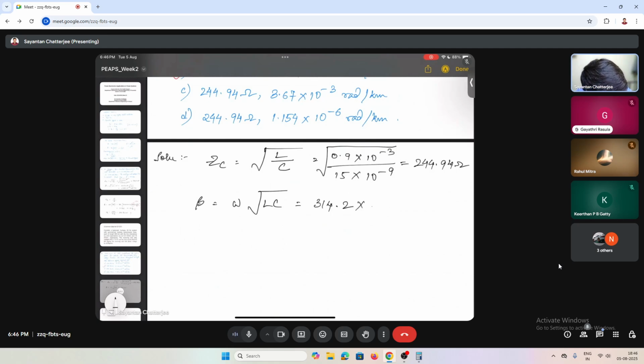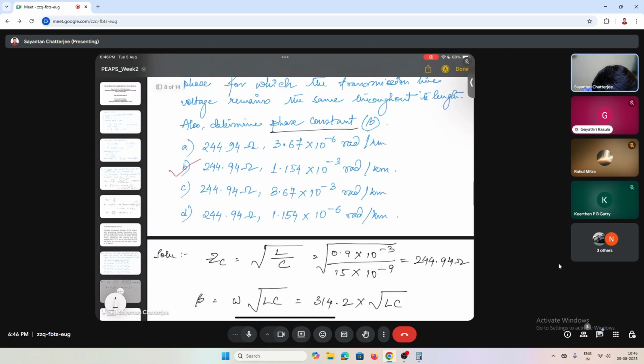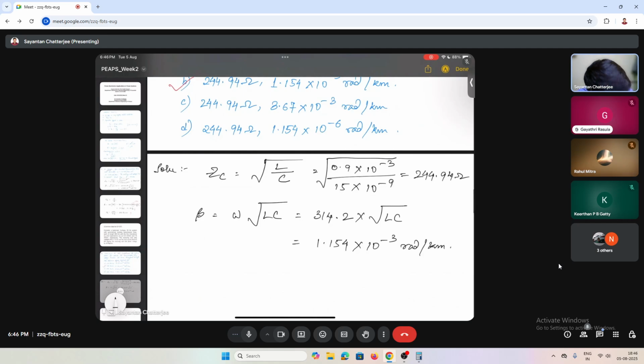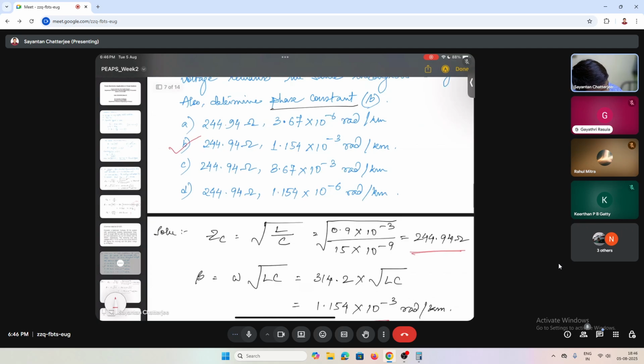Root under LC you can calculate directly, and the value comes as 1.154 into 10 to the power minus 3. So these two are the answers, so option B is correct.